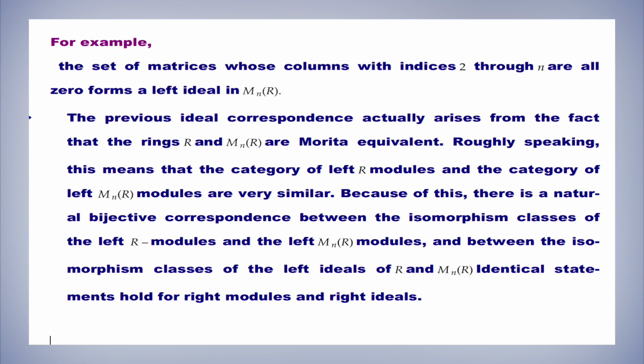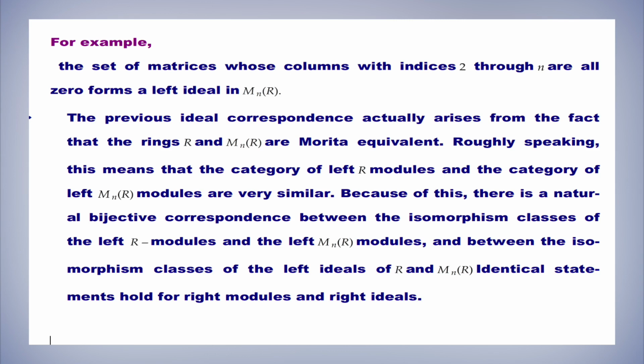in Mn(R). The previous ideal correspondence actually arises from the fact that the rings R and Mn(R) are Morita equivalent. Roughly speaking, this means that the category of left R-modules and the category of left Mn(R)-modules are very similar.